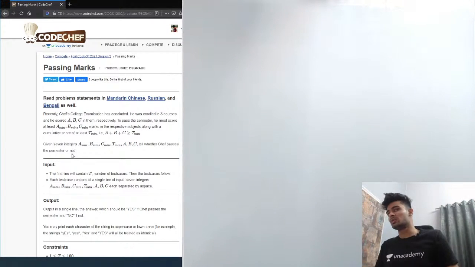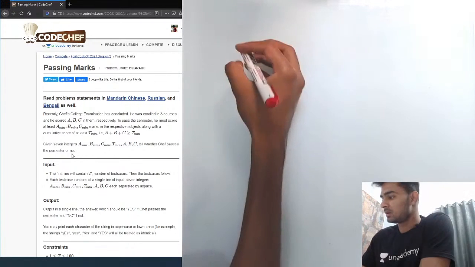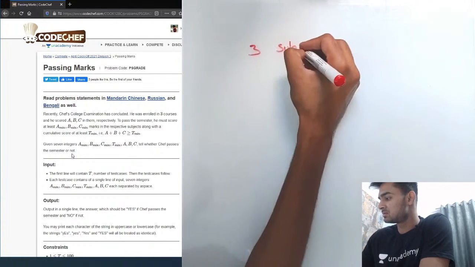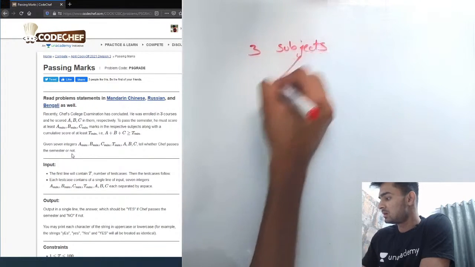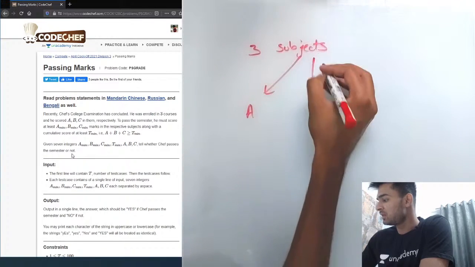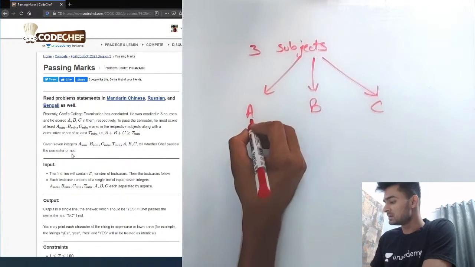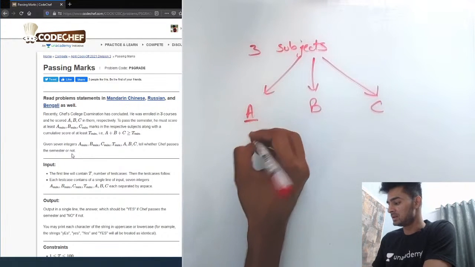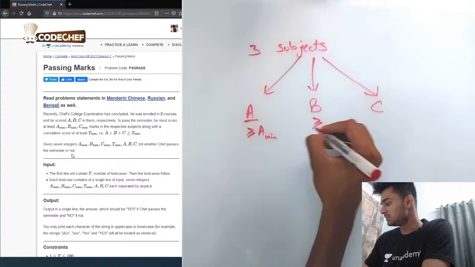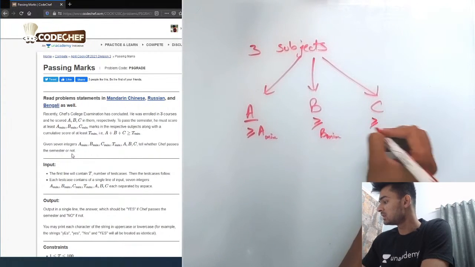So what the problem essentially means is that we have three subjects, and in the first subject we have A marks, in the second we have B, and in the third we have C. Now, in order to pass, A should be greater than or equal to A-min, B should be greater than or equal to B-min, and C should be greater than or equal to C-min.